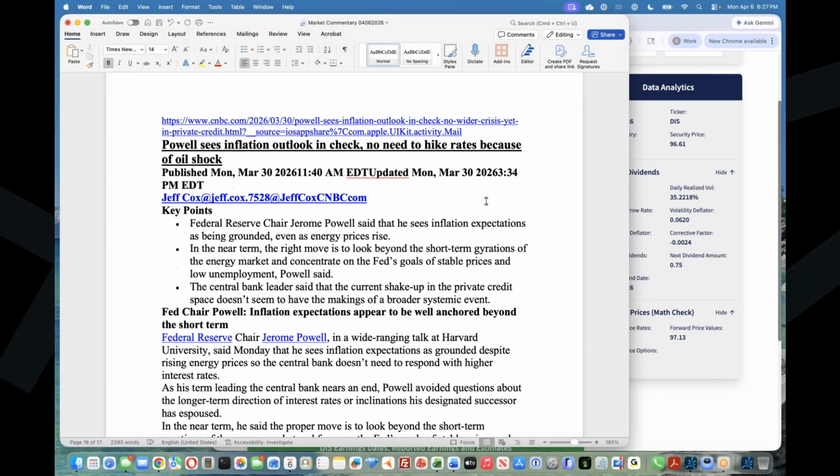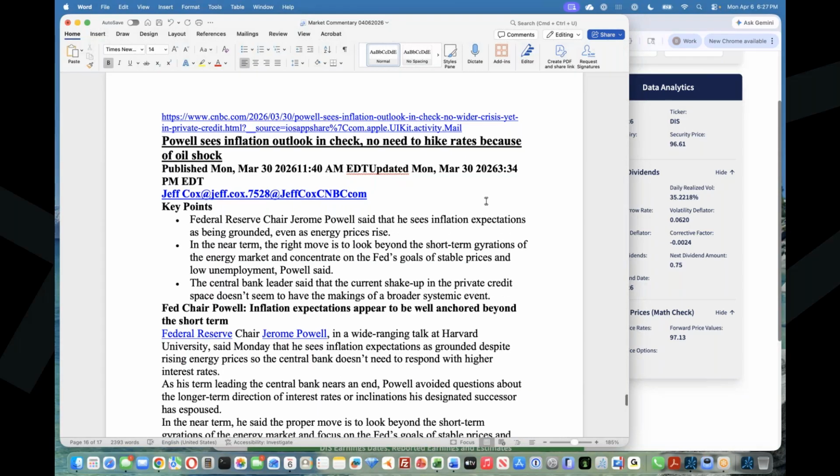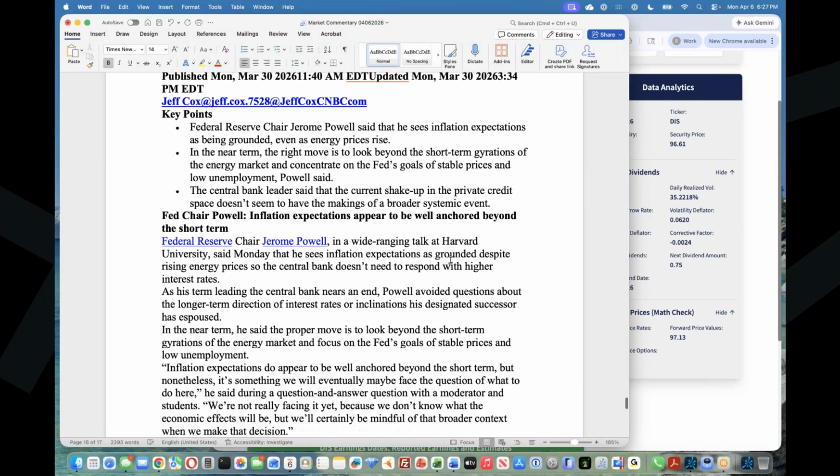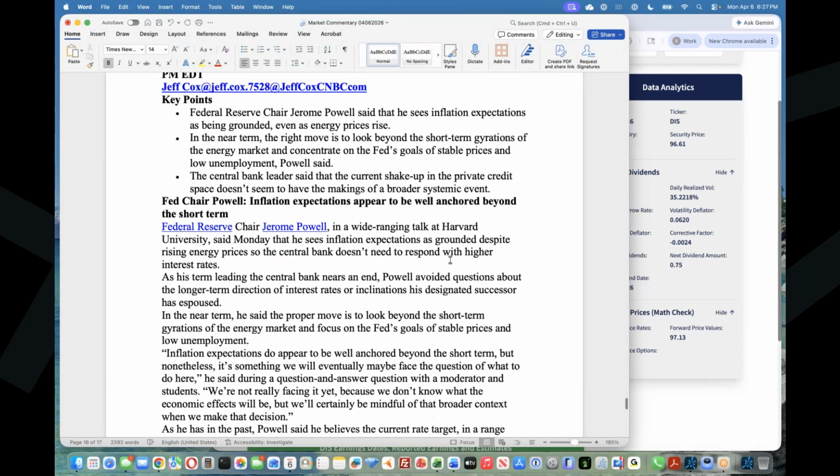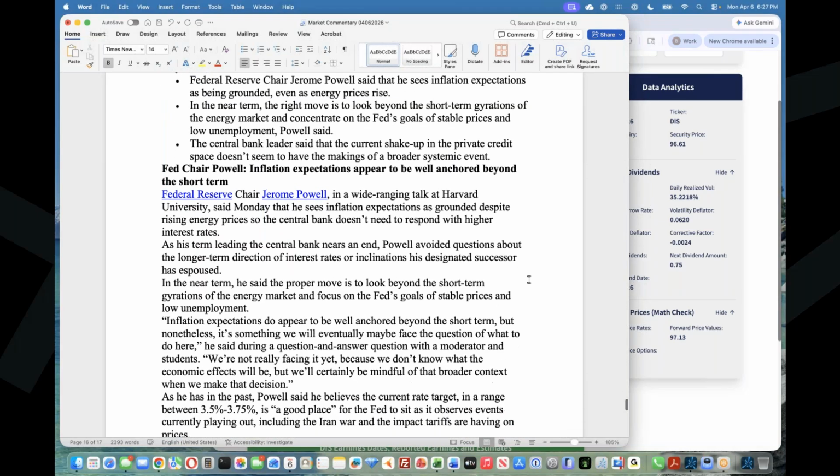Next article I wanted to talk about was Powell sees inflation outlook in check. It's funny because as I look down through this, everything he was talking about in regard to inflation and fuel prices causing inflation, he was very careful not to say the word transitory.